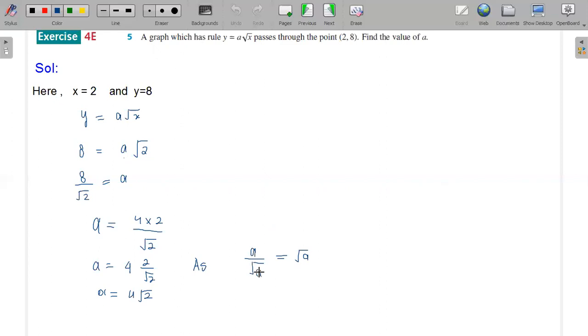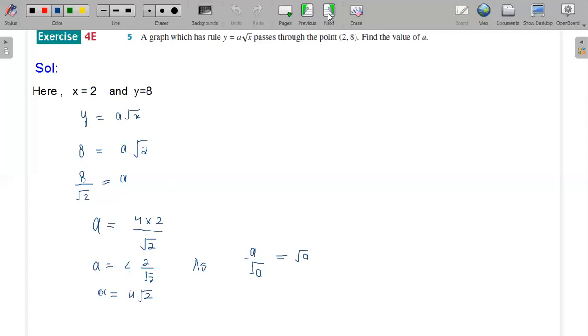So we can remove this denominator and just take the square root of the numerator. So 2 by square root of 2 can be written as square root of 2 only. So this square root shifts up, and this 2 cancels out. So we can write it as 4 square root of 2. But if you write the answer in the earlier form, then it is also a right answer. So this is its final shape.